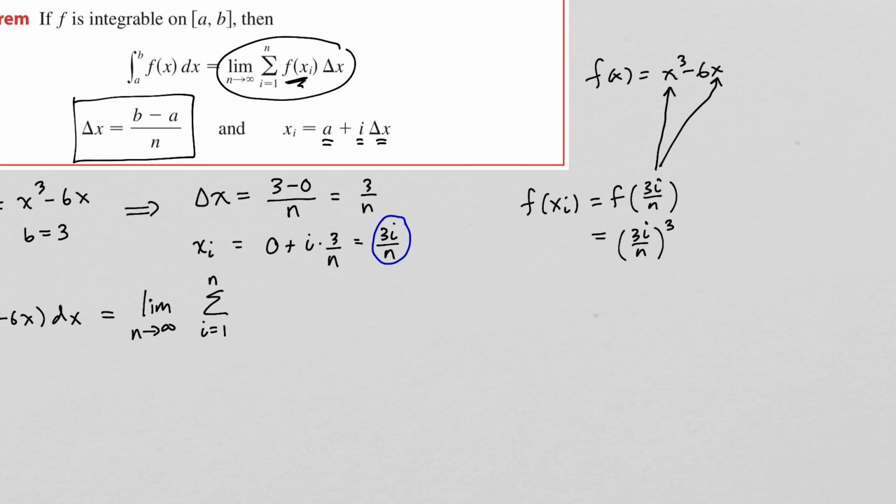So we get (3i over n) cubed minus 6 times 3i over n. And if you do the math on this, this is 27i cubed over n cubed minus 18i over n. So that is f of xi, and that is what goes right here. So let's go ahead and put that in our summation.